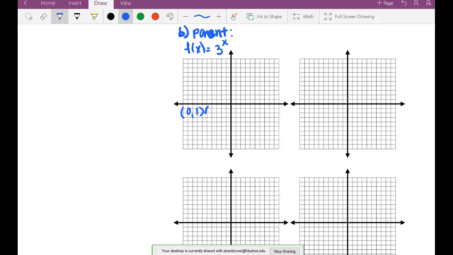0, 1, beautiful. 1 and 3, great. -1 and 1/3, sounds like a good one. Okay. Asymptote or no asymptote? Yes. Kate, where should we graph the asymptote?